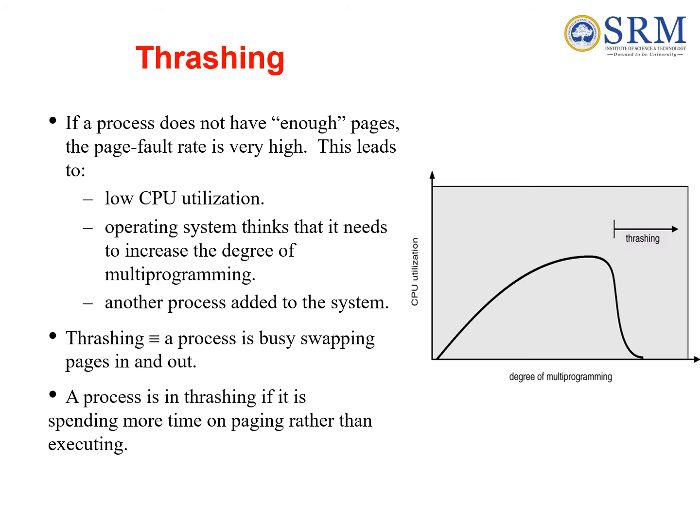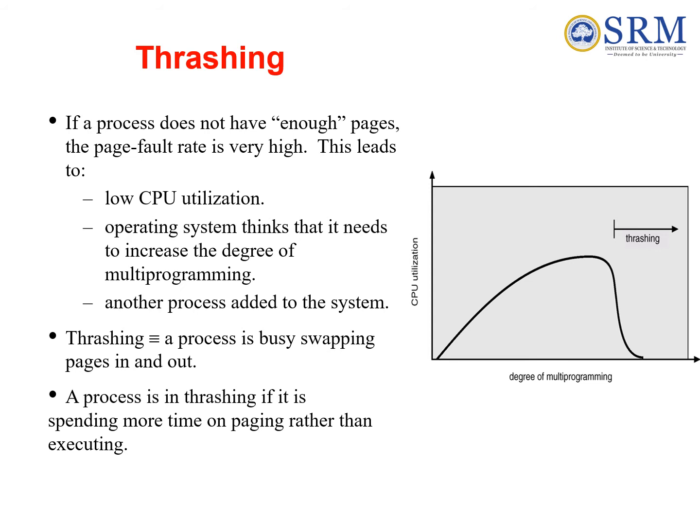This thrashing will lead to low CPU utilization. It degrades the CPU utilization, so the processor assumes that there is an empty slot and tries to add another process to progress further. But still the processes are waiting in order to complete their task. So this is the challenge we need to address.